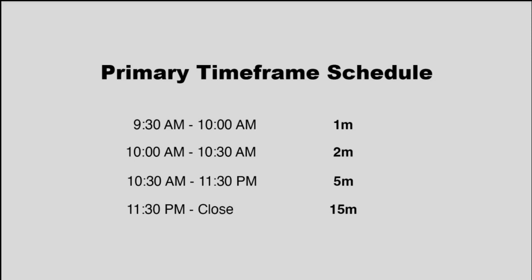So from the open to 10 a.m., this is Eastern time, by the way, the setups I'm looking for is off the 1 minute chart. From 10 to 10:30, I shift my focus to scanning for 2 minute setups. Then for 10:30 to 11:30, maybe even to like 12, I look for 5 minute setups. Then the rest of the day is off the 15 minute.